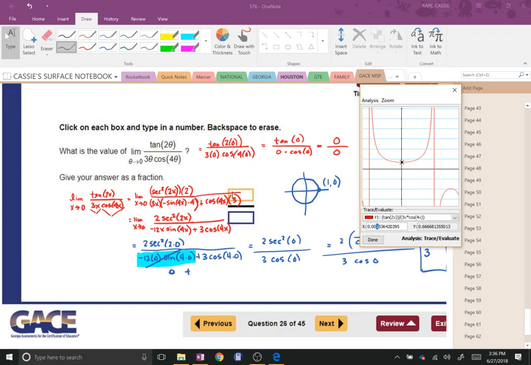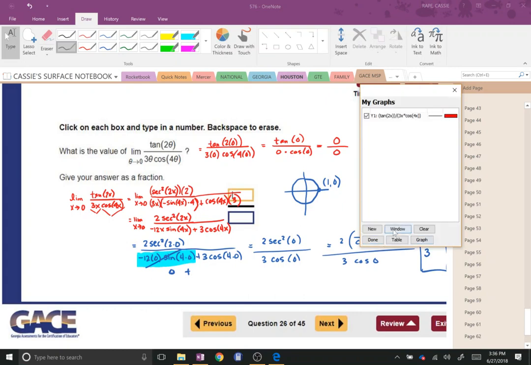If I change that 1 to a 0 on the x so that it's an even smaller number, closer and closer to 0, now I've got 5 repeating 6s. If I change that 5 to a 0, look how many repeating 6s you get. So trace can get you really, really close. I know that 0.66666 repeating is the fraction 2/3. So I could actually guess 2/3 and probably come really, really close to getting it right.